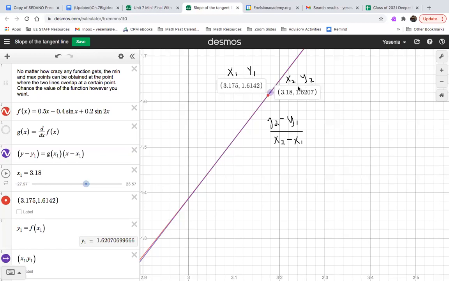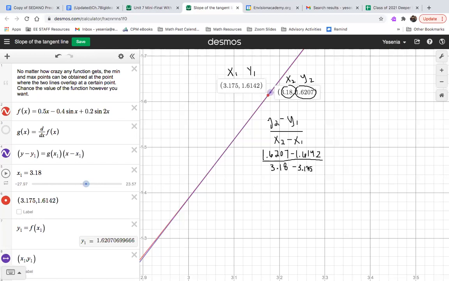So y2 is 1.6207, minus y1, which is 1.6142, all divided by x2, 3.18, minus 3.175.